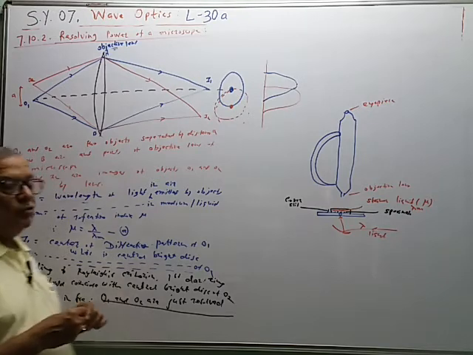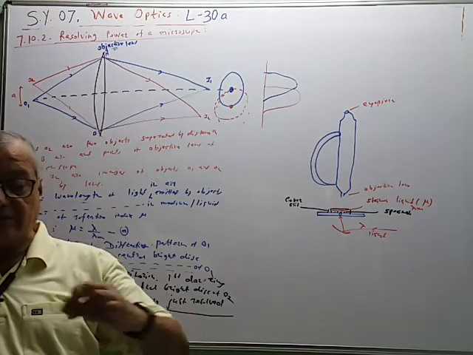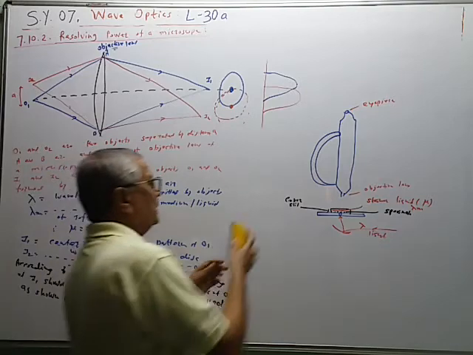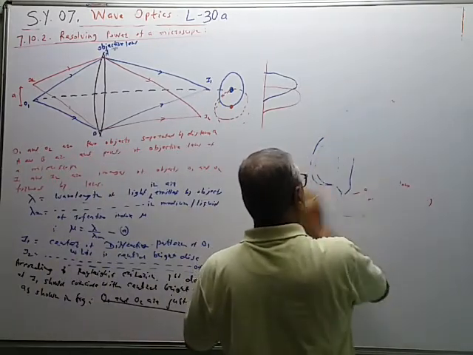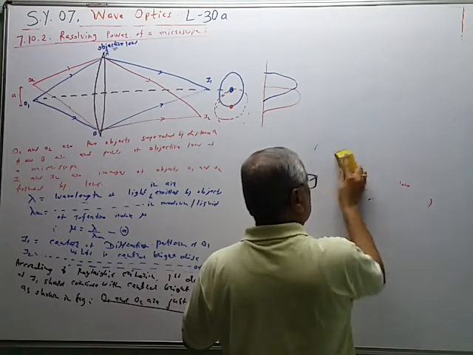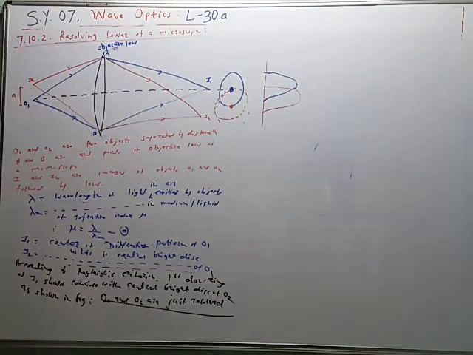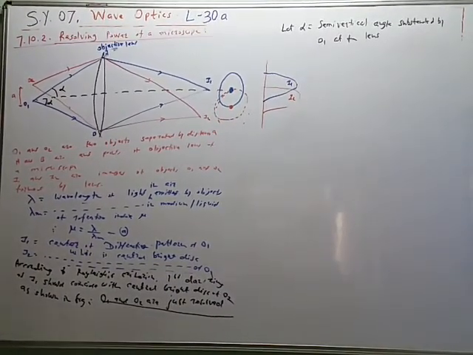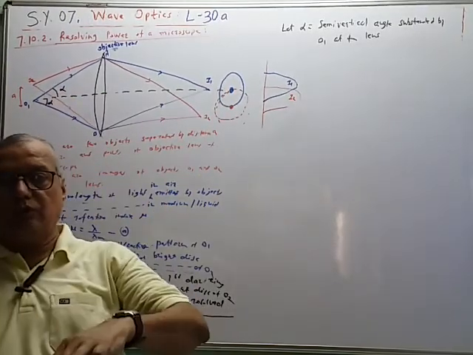Now, to find the formula for the resolving power, for that purpose we have to find the path difference either at I1 or at I2 like this. So this alpha is the semi-vertical angle subtended by the object O1 at the lens.